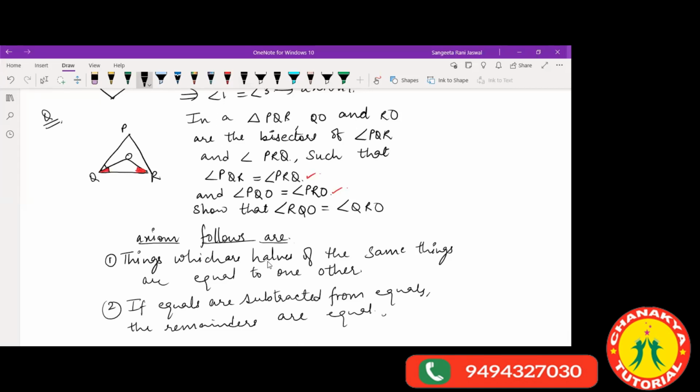If it is asked here, from angle PQR, if you are subtracting angle PQO, that will be equal to angle PRQ minus angle PRO. These were equal and the equals have been subtracted, so the result is also equal. And the axioms which follow are these two axioms.